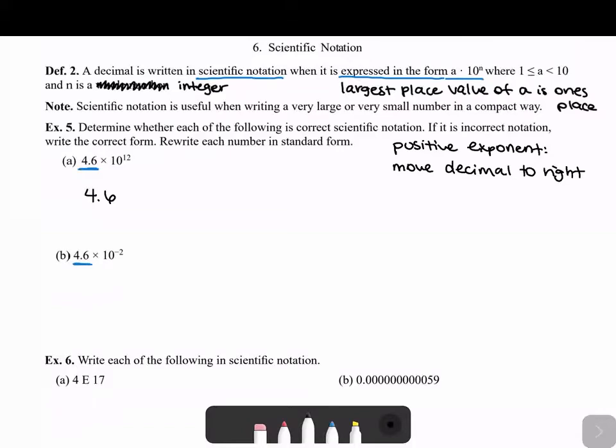Moving the decimal to the right multiplies the number by that many powers of 10. And if we have a negative exponent, we move the decimal to the left, which represents dividing by 10.